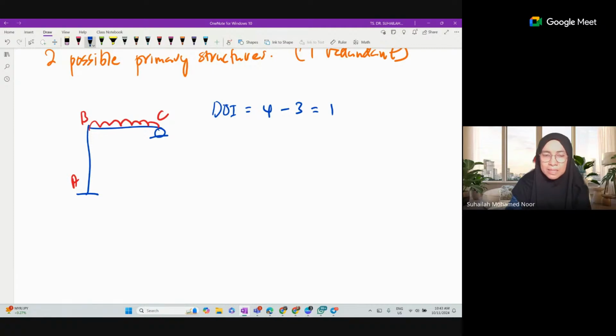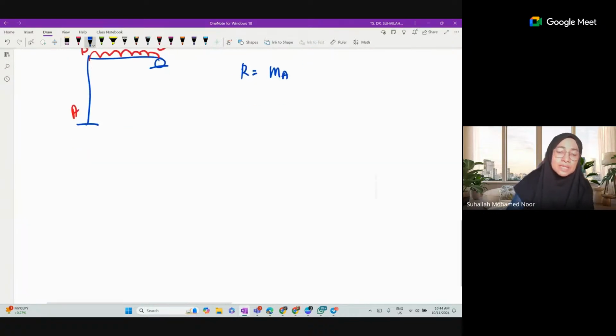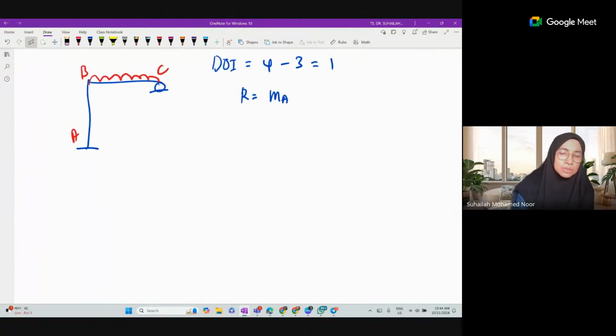We can also have moment at A as the redundant. Moment at A as redundant means we remove one from the fixed support, so it becomes a pin. So let's say the redundant is MA. When we choose moment at A as the redundant, fixed becomes pin, and the roller remains.